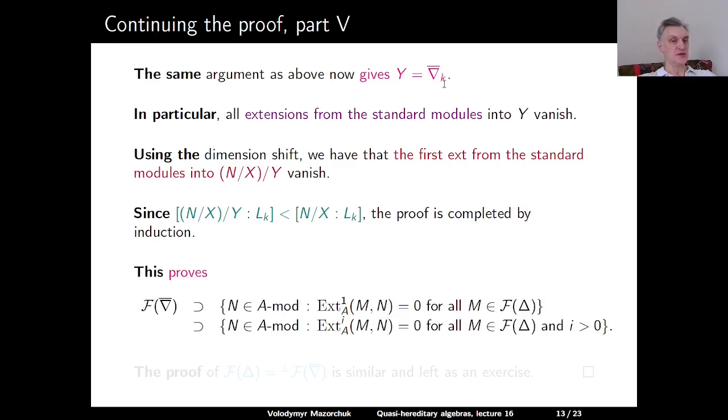And this shows that F(∇̄) contains all A-modules for which the first Ext from all standard modules vanishes, and this of course contains all A-modules for which all Ext from all standard modules vanish, and this completes the proof of the first part of our main theorem.